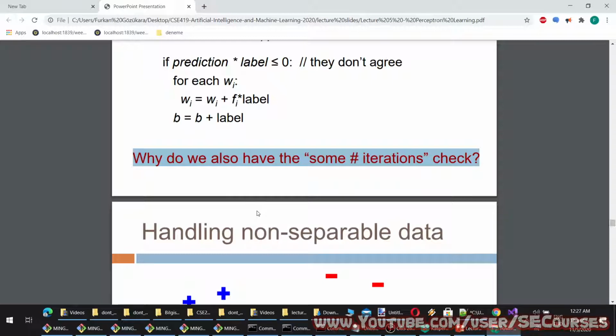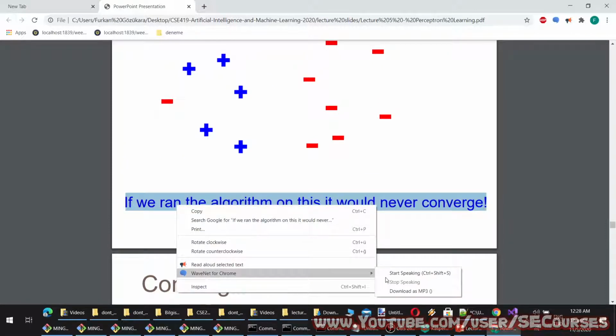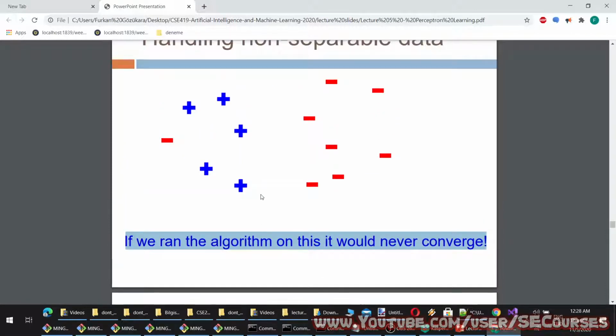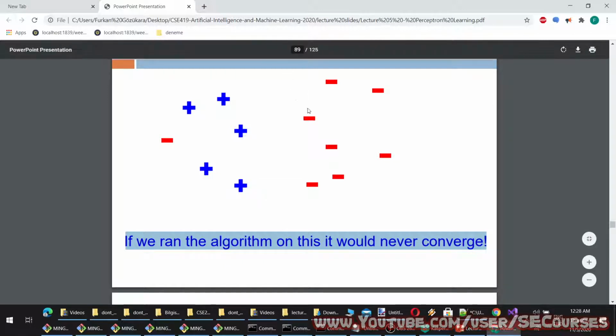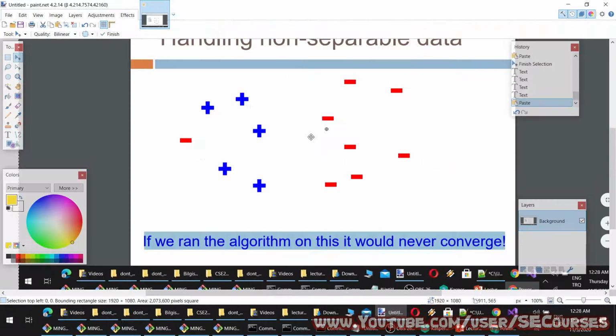Why do we also have the max iterations check? If we ran the algorithm on this, it would never converge. Why? Because we can't find a single line that will separate this data. Okay, we can't find a single line.